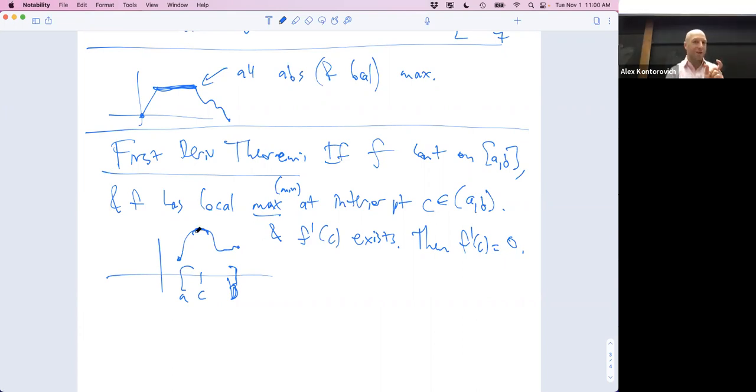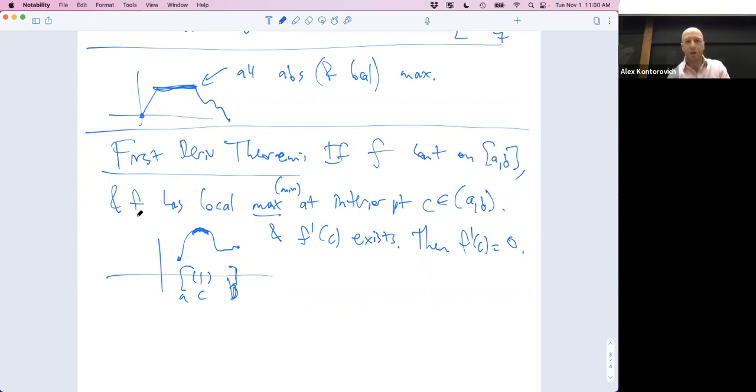But right now, let's just think about a local max. So if we have a continuous function on a closed interval, and let's say it has a local maximum at an interior point, so there's an open interval around which the function has the largest value that any other value takes.